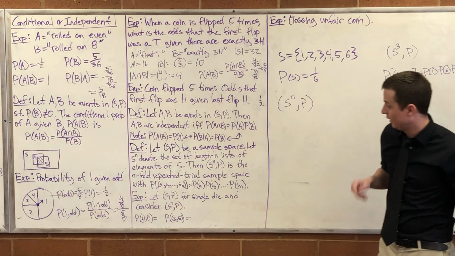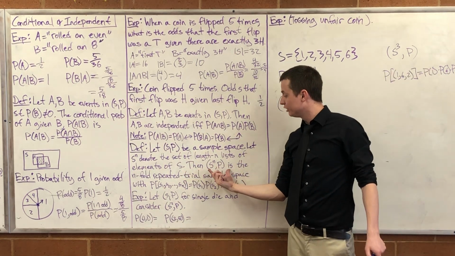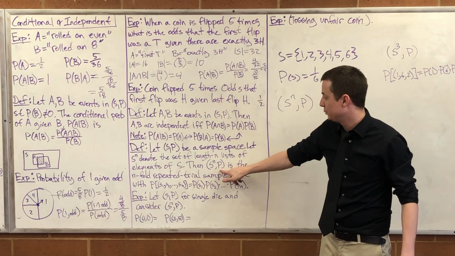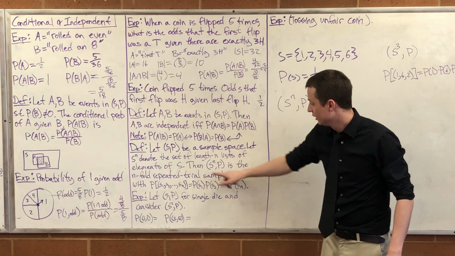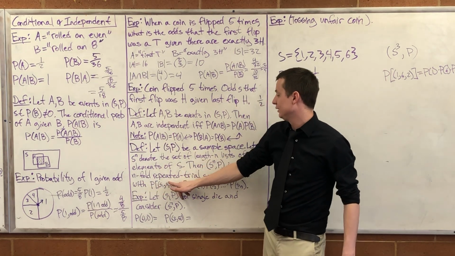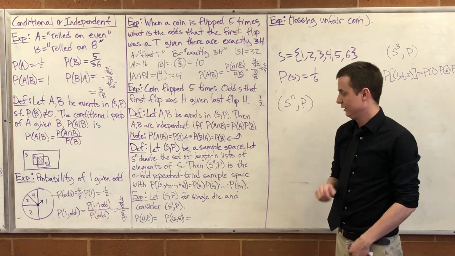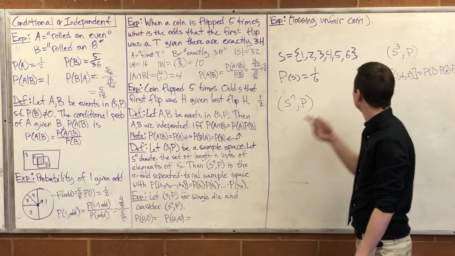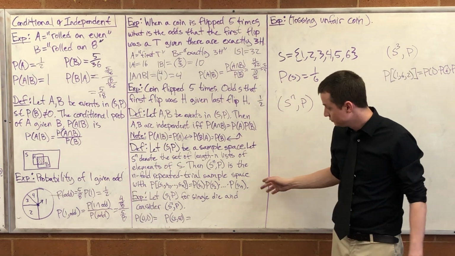Okay. So then we have a new sample space, kind of. Not quite a sample space because this P is the same as that P. So then S to the n, P is the n-fold repeated trial sample space. It's where we repeat it n times. Like rolling a die 3 times here.